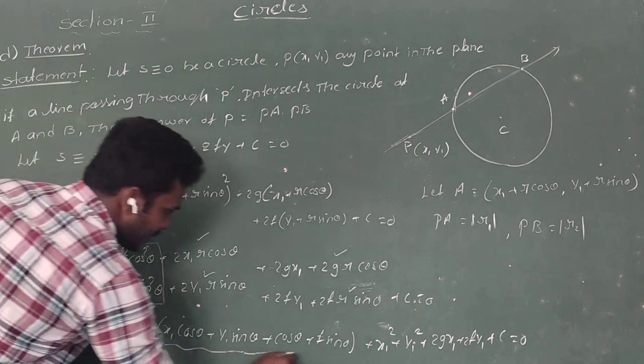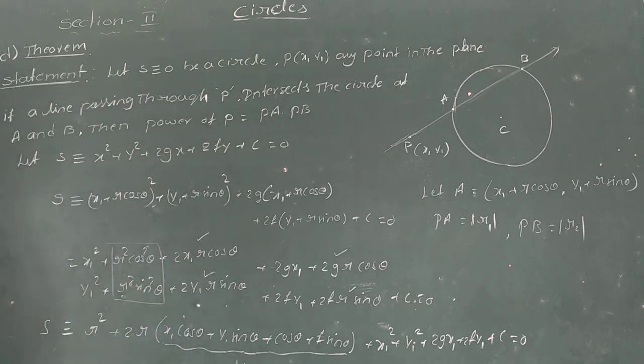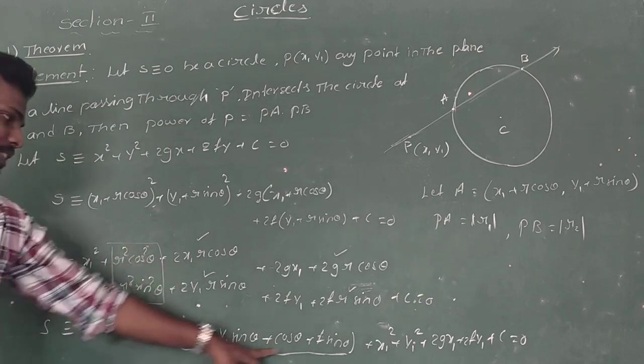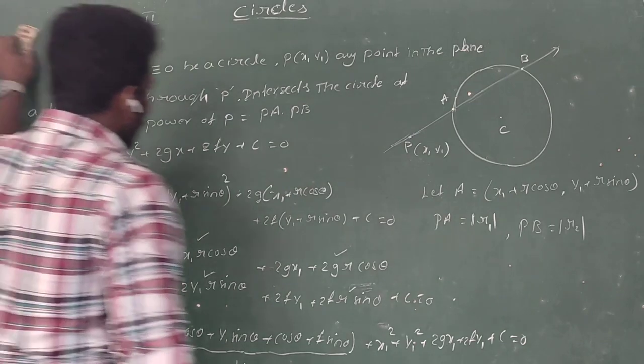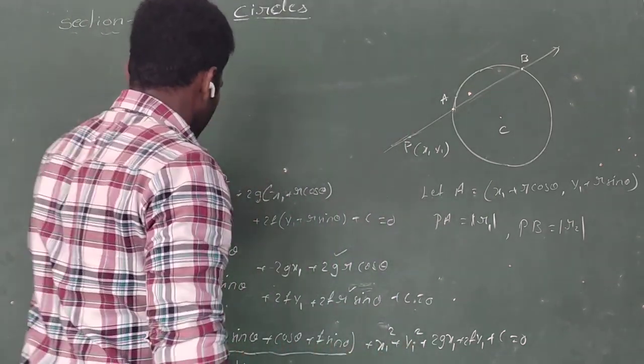I am taking this as some constant k, just to rewrite the equation in a notified form. I am taking this as a constant, some other variable I can replace here. Right.